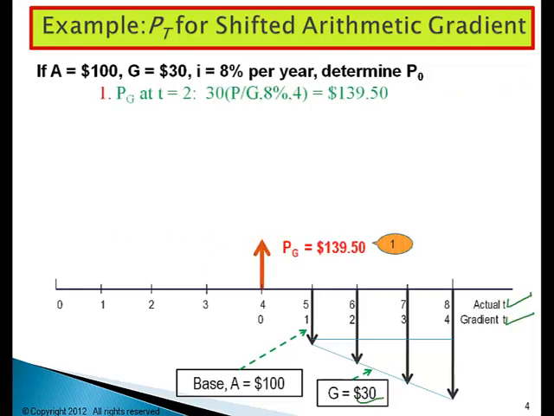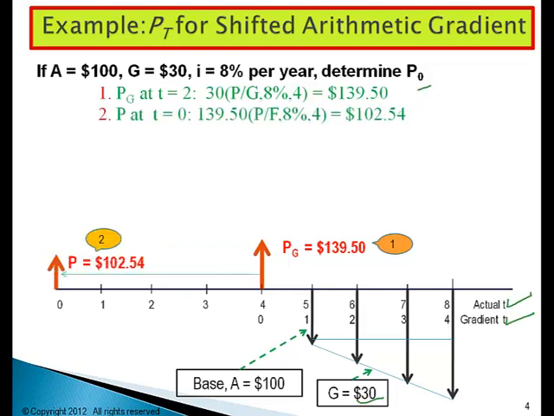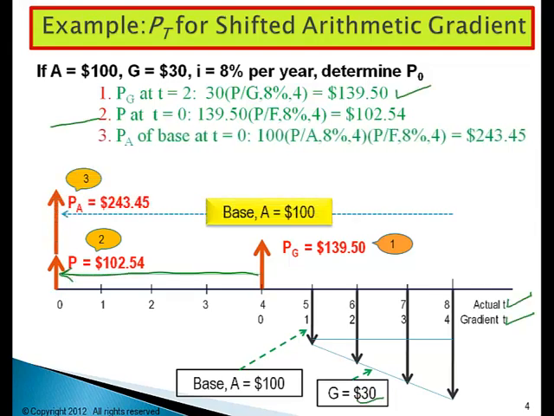First, we use the PG factor multiplied by the $30 gradient for 4 years, and we get $139.50. Secondly, we use the PF factor as indicated here in step 2, and we move back to time 0 to get $102.54.